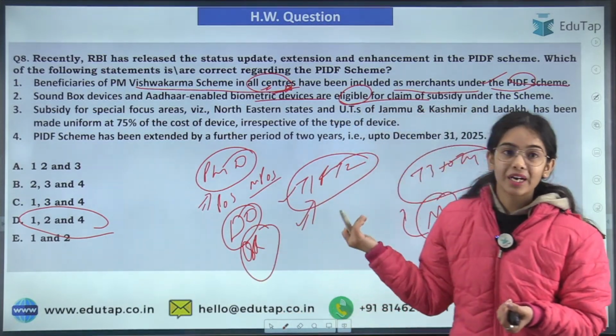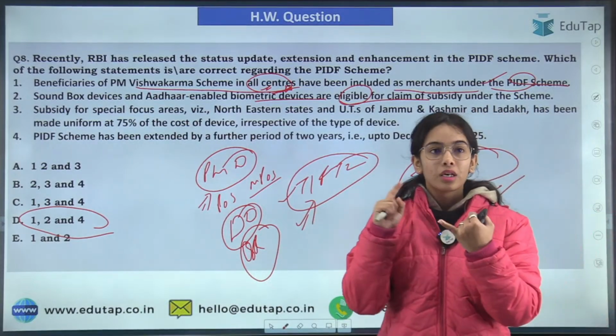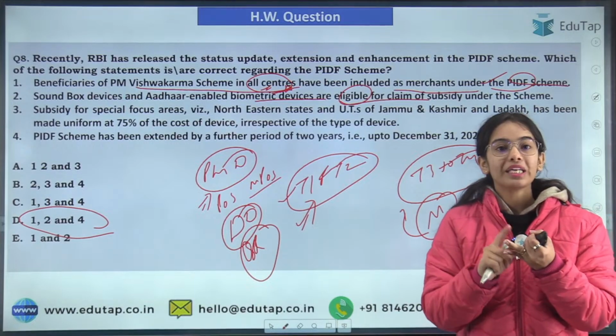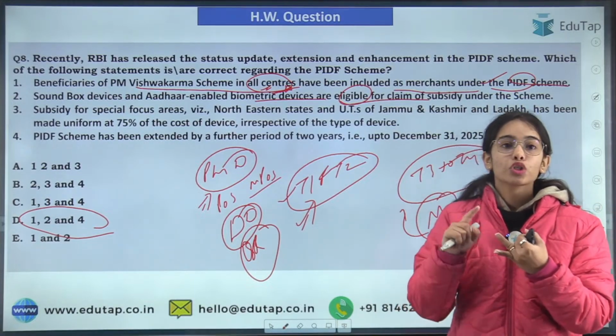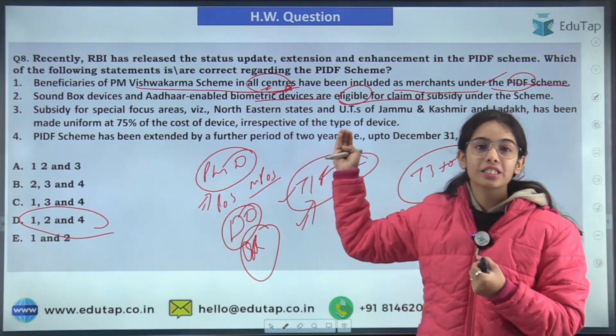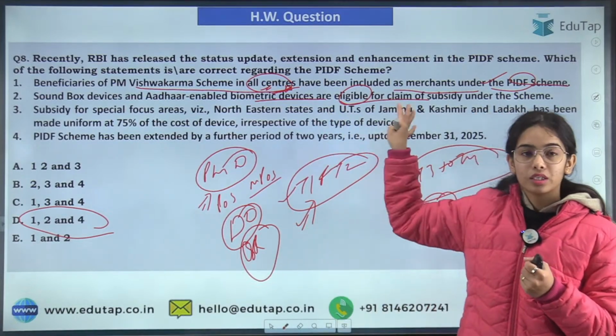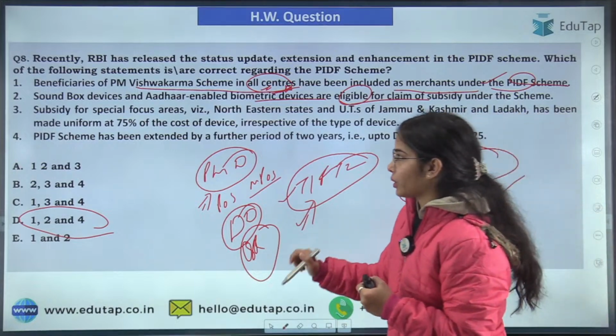Now the contemporary devices, the soundbox devices and Aadhaar enabled biometric devices, have also been added under the PIDF scheme, so merchants can get these devices at a subsidized rate.